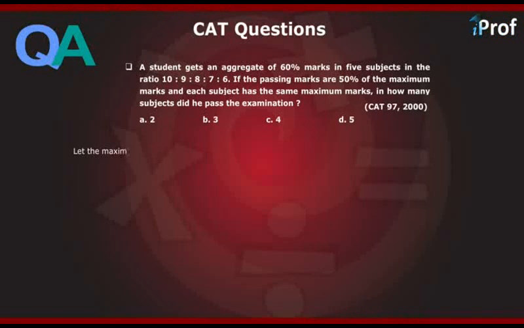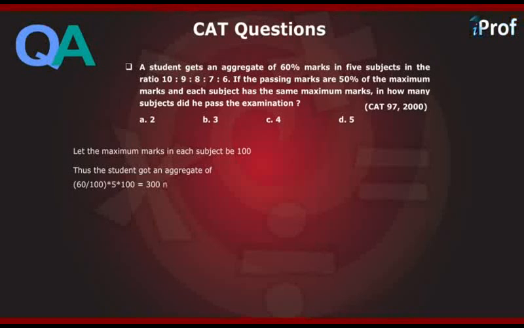Let the maximum marks in each subject be 100. Thus, the student got an aggregate of 60 divided by 100 into 5 into 100, that is equal to 300 marks in 5 subjects. Thus, from proportions, we can get the marks scored in each subject.